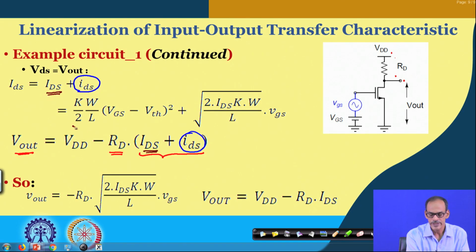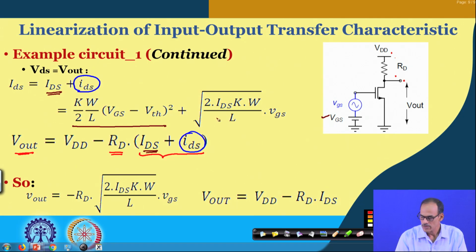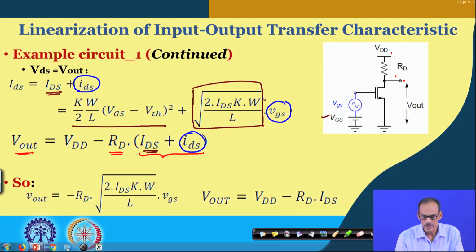The DC part expression is given here; it depends on the DC voltage. And then the AC part has one of those three forms we have discussed. It is basically form C. We can use any one of them, that is not important right now, but what we would like to say is that this is a function of VGS. So, this IDS has an expression like this, and this part has this expression.